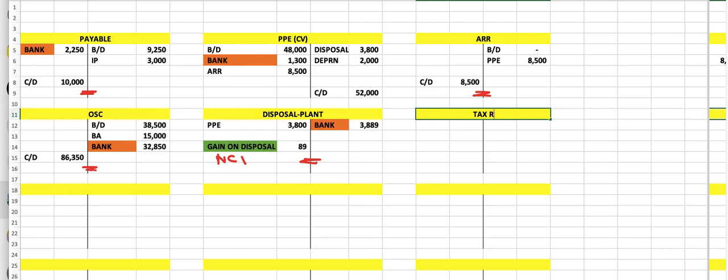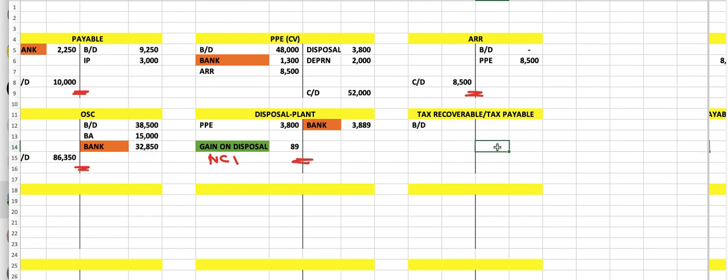So tax recoverable so I will put in one account sahaja. I will not prepare two accounts. So kita tackle satu-satu. Tax recoverable is asset. So asset mestilah BD sebelah debit, CD on the opposite side. Okay, so BD for the tax recoverable is 500 and for the CD is 0.